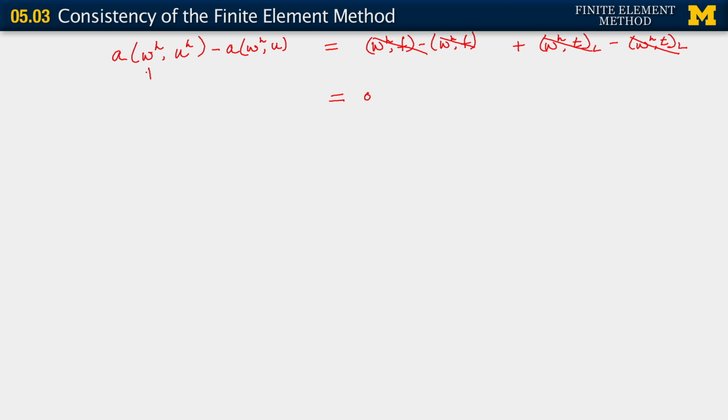It's linear in the first argument as well as the second argument. What this lets us do is to simply write what we have on the left hand side as A(WH, UH minus U) equals 0. So we've got as far as here.